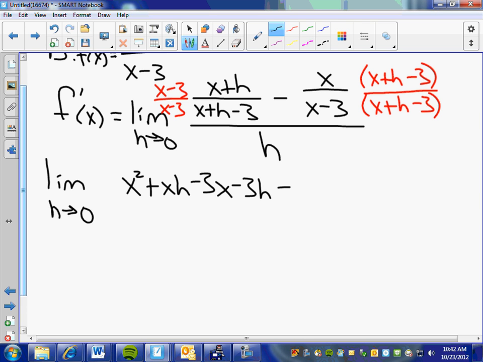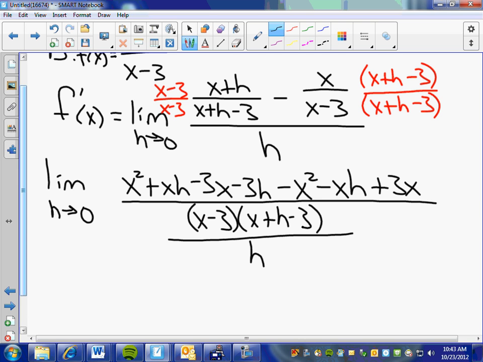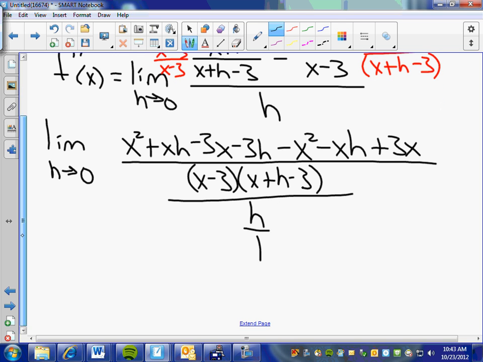Minus x squared minus xh plus 3x, all over what? All over h over 1. Okay, beautiful. Complex fractions. That's why we do them in algebra.